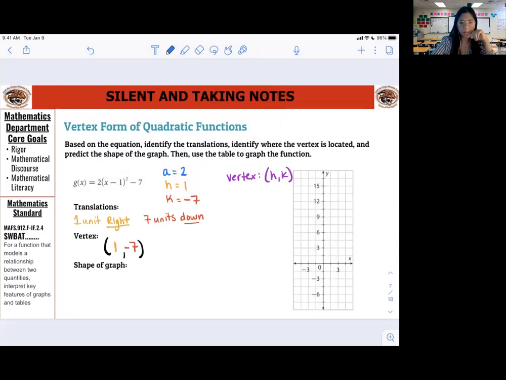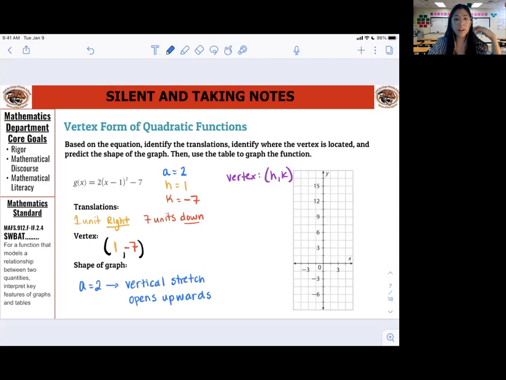So what does that do? It stretches. Good. Vertical stretch. And since A is +2, is my graph going to be opening upwards or downwards? Upwards.